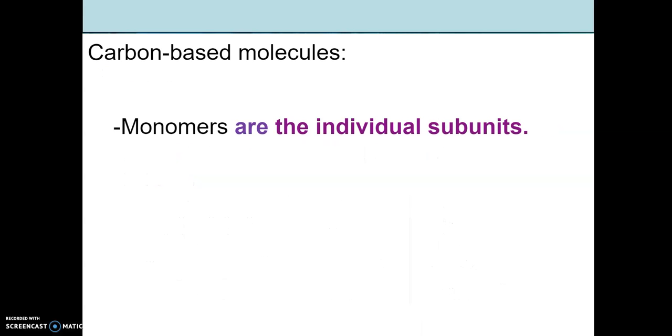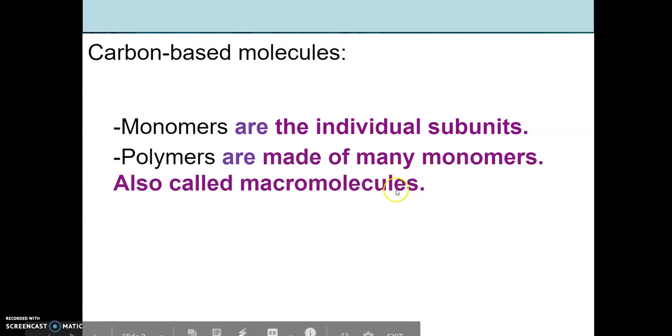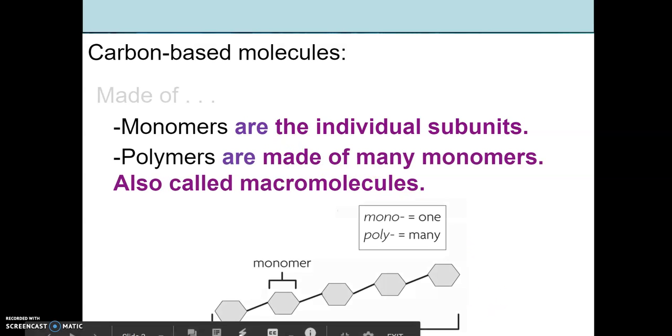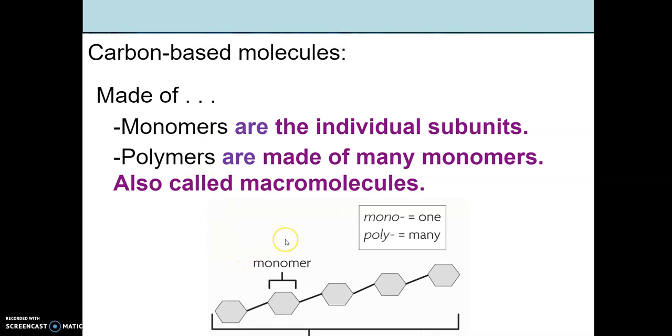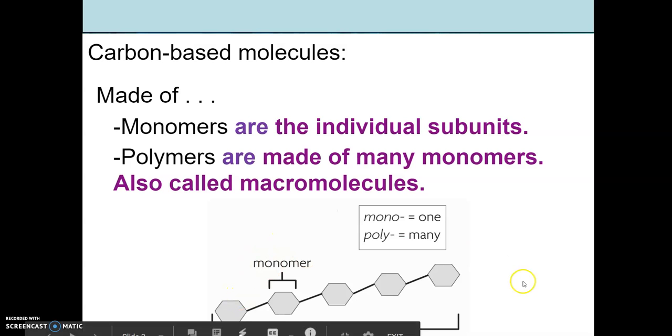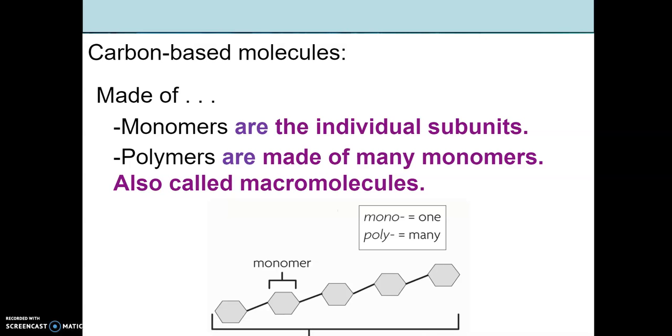Now, the carbon-based molecules, and we've seen this word over and over again, carbon-based molecules like the carbs, lipids, proteins, and nucleic acids are made of smaller building blocks called monomers. And when you link the monomers together, we call them macros or macromolecules.